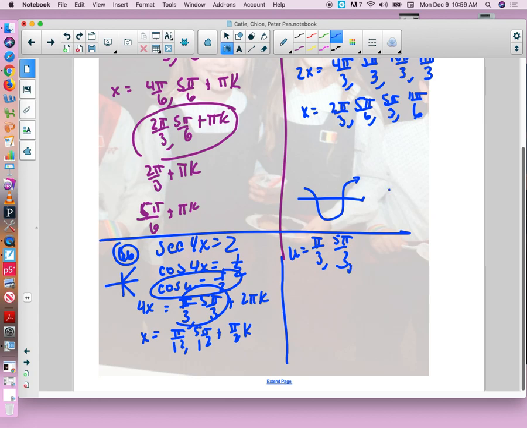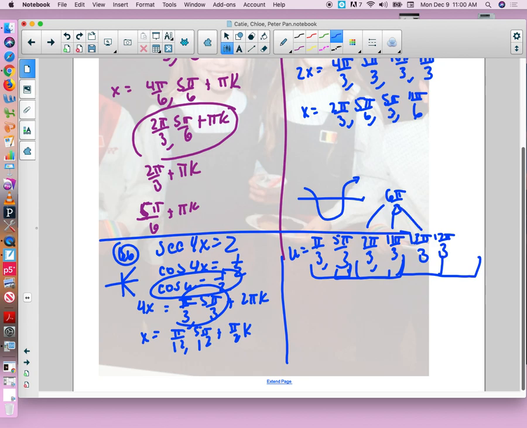So I'm going to add 2 pi, which is 6 pi over 3. That takes me to 7 pi over 3 and 11 pi over 3. That's my first cycle, my second cycle. I'm going to get my third and fourth cycle. That's going to give me 13 pi over 3 and 17 pi over 3.